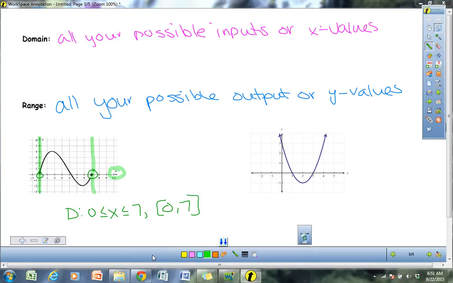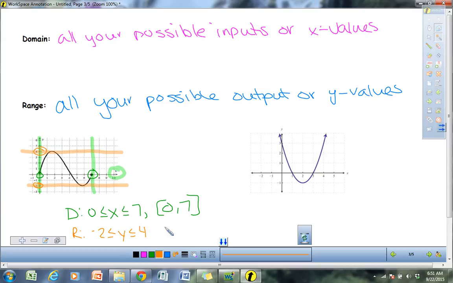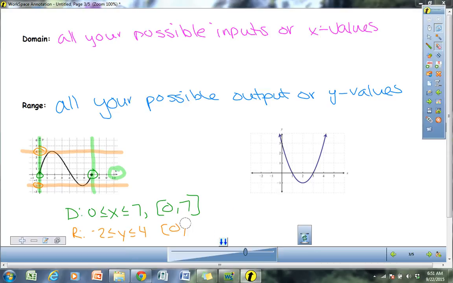Now my range, I want to highlight my lowest point on the graph, and my highest point on the graph. My range goes through -2, less than or equal to y, less than or equal to my highest point is 4. Or I can write that as [-2, 4].